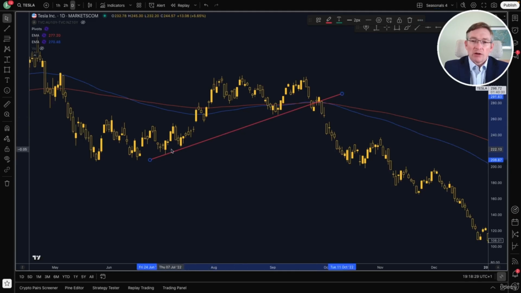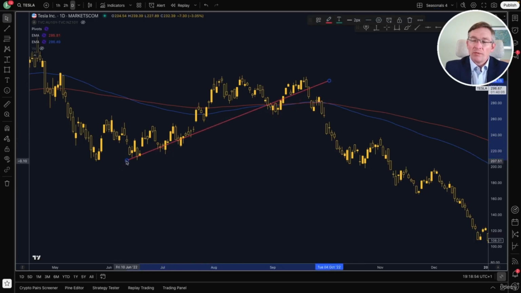When you have a trend line, you want to have at least 2 major swing points. This is a daily chart. The more significant the swing point, the more important that trend line is. So you can see here, swing point, swing point. You must have 2 major swing points touching the line. You don't want the trend line to have price going all through it.